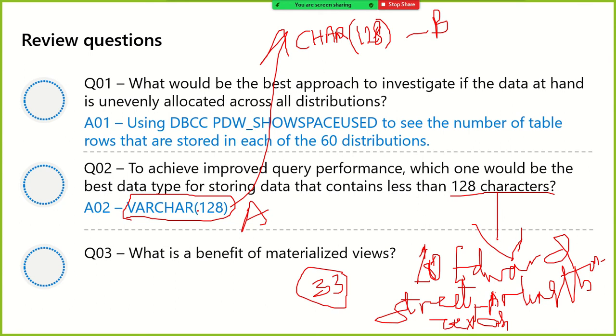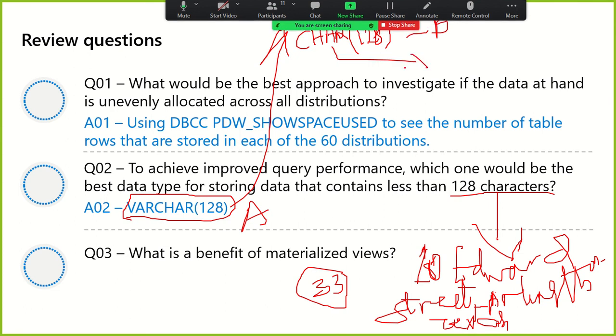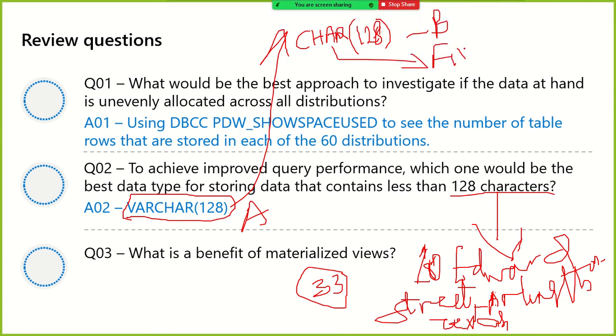That's variable character. It will vary the characters that are assigned based on the number of characters that have been inputted or added. However, if somebody else should use char, what is char? Char means character. This one is fixed. This one will provide a fixed storage space allocation. That is what char means. So it means that if somebody should write an address that has 33 characters, it will provide 128 character space.